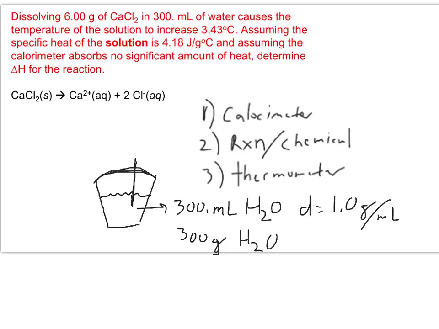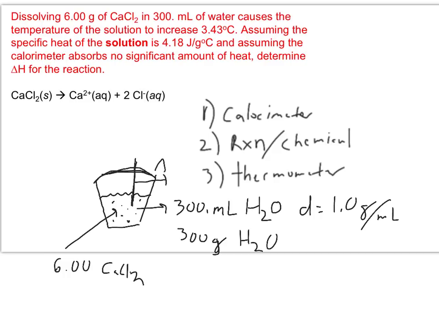And in the water, you had 6 grams of calcium chloride put in it. And it dissolved. And then the temperature rose, or increased, 3.43 degrees Celsius.